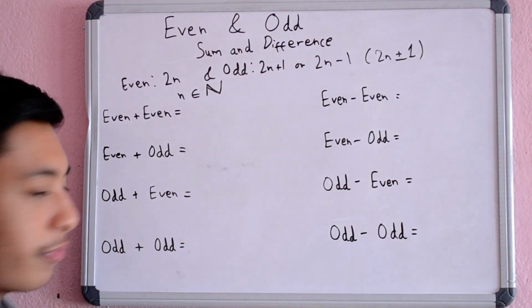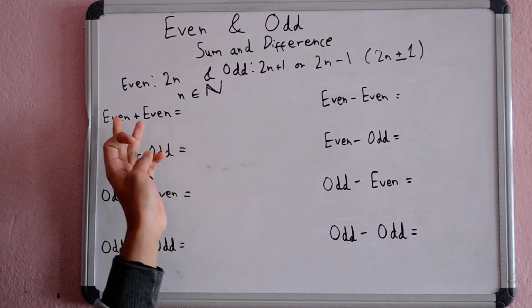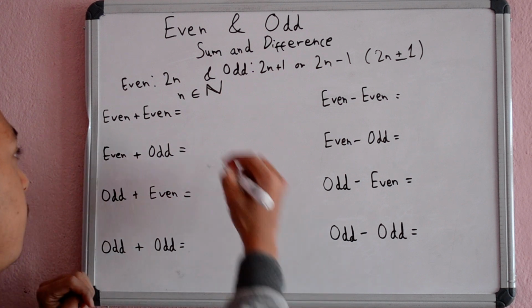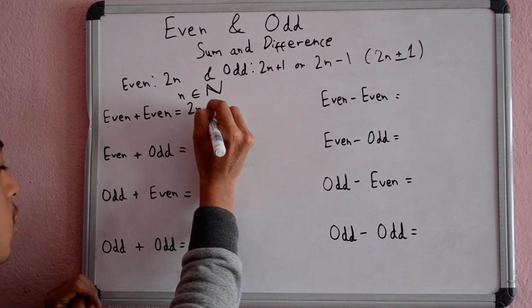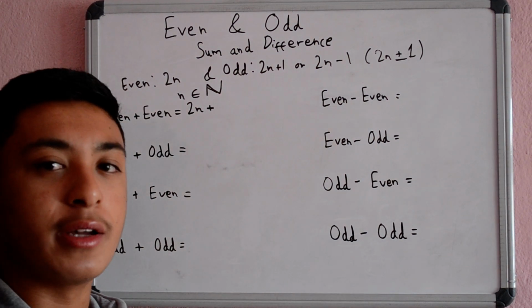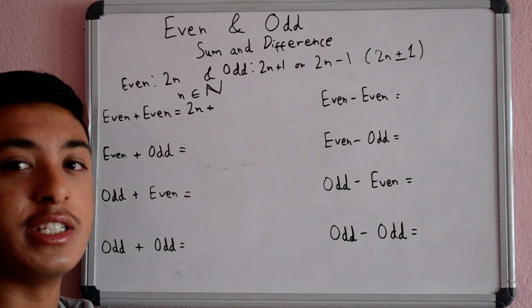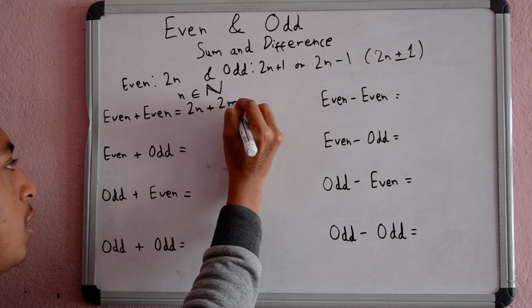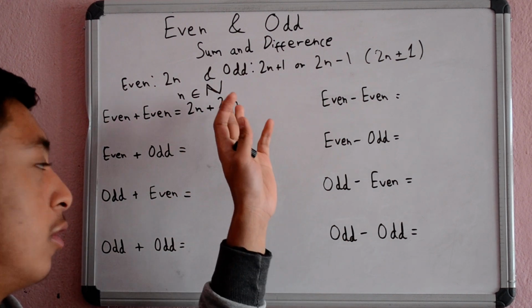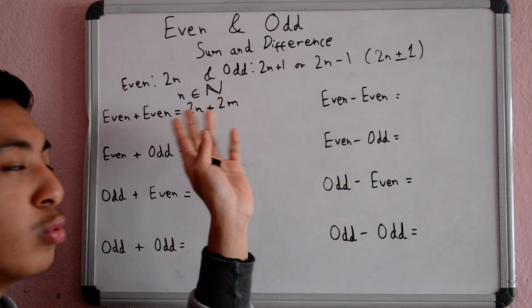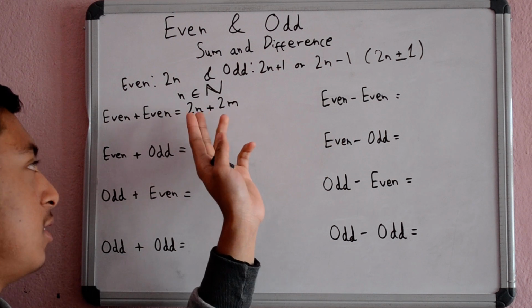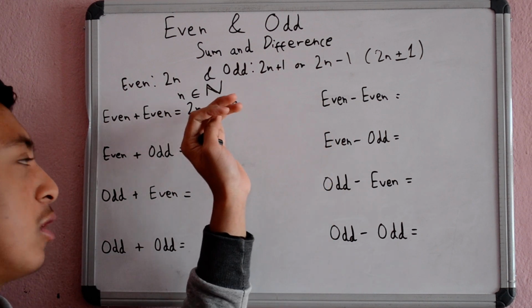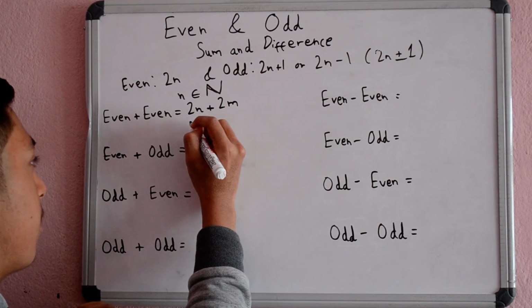Now, let's talk about even plus even. Well, we'll have 2n plus, well, I don't want to use 2n again because that will represent using the same number twice. So I'm going to represent it by another variable, the letter m. So two different numbers, but yes, in some cases n can be equal to m, but don't worry about that.